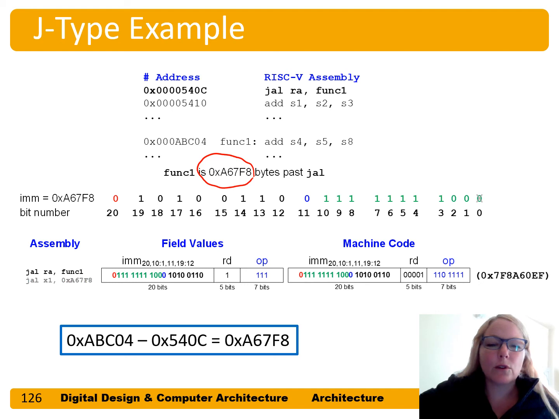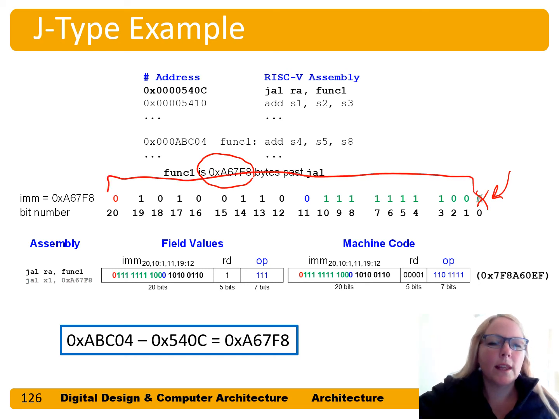Just like branch, for our J-type instructions for jump and link, here's our 21-bit immediate, but we're not going to encode that least significant bit. And so we encode all of the other bits, 1 to 20, in our immediate field. And again, some strange bit swizzling here.